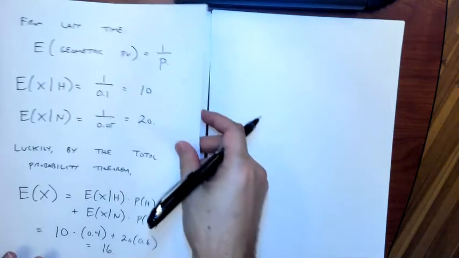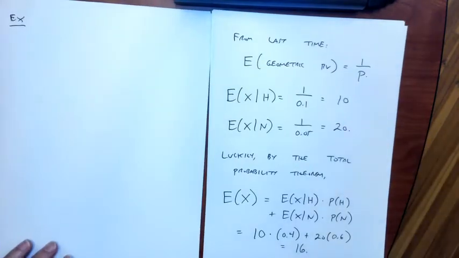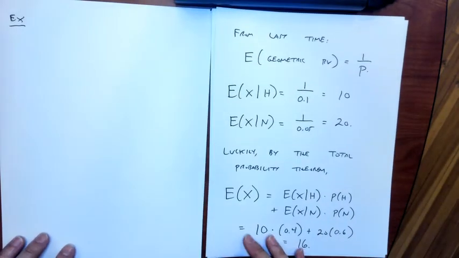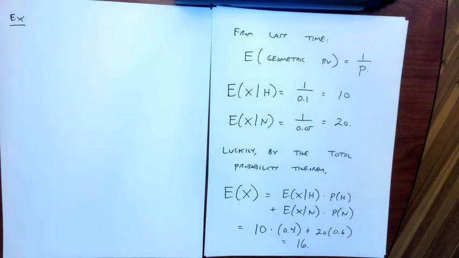Yep, question? This one here? This guy? Okay, I'll leave this guy up here while I'm setting up the next example. So the next example is saying, okay, let's suppose that I'm transmitting web pages.